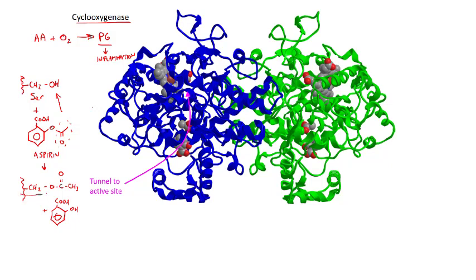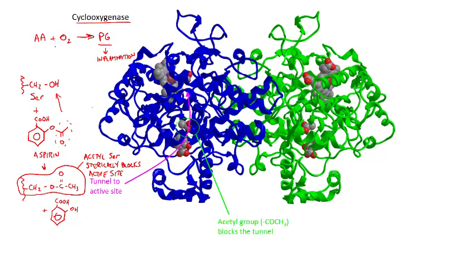So what we end up with is this acetylserine, and this acetylserine sterically blocks the active site, just because it's too big for the arachidonic acid substrate to get through.